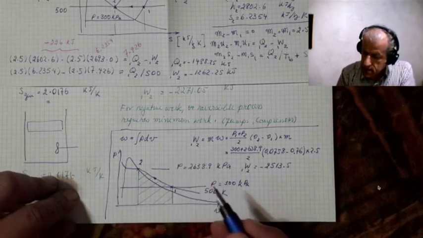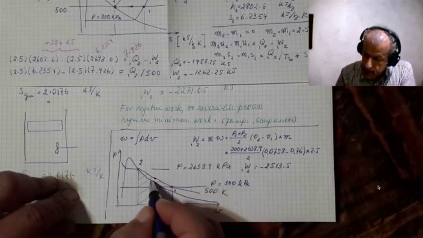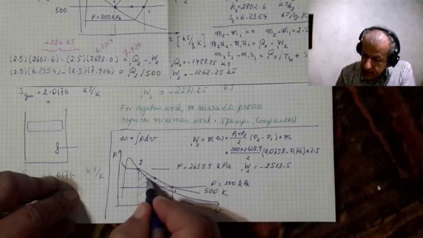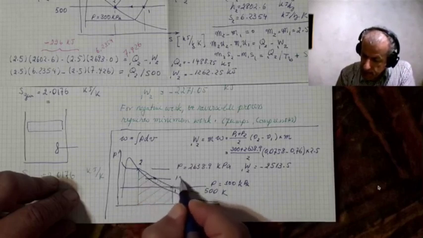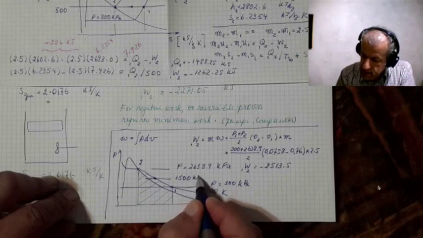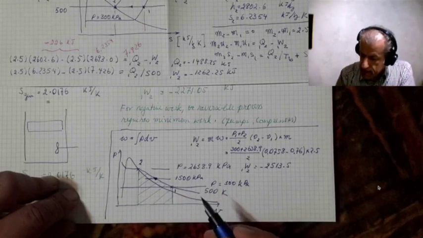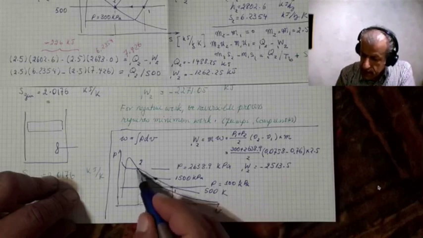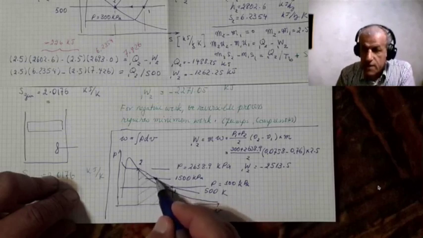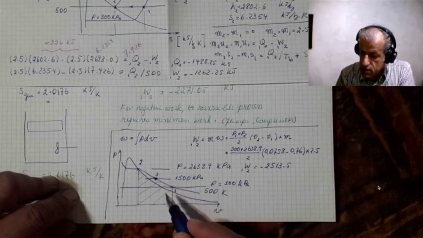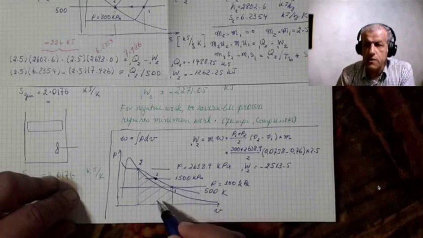1500 kilopascal line. This line is, say, 1500 kilopascals, and assume that there is a straight line between points 2 and 3, and there's a straight line between points 1 and 3.